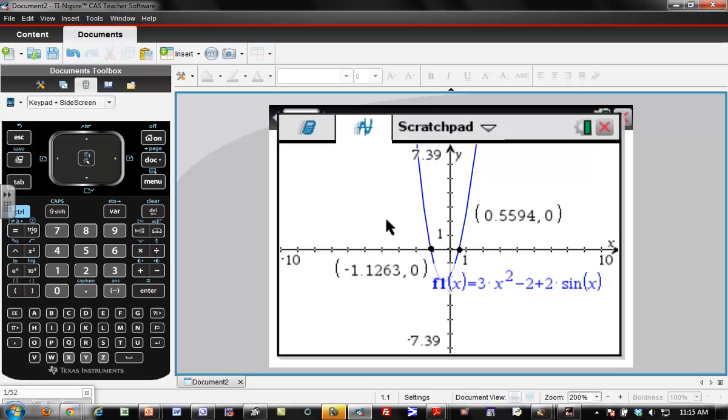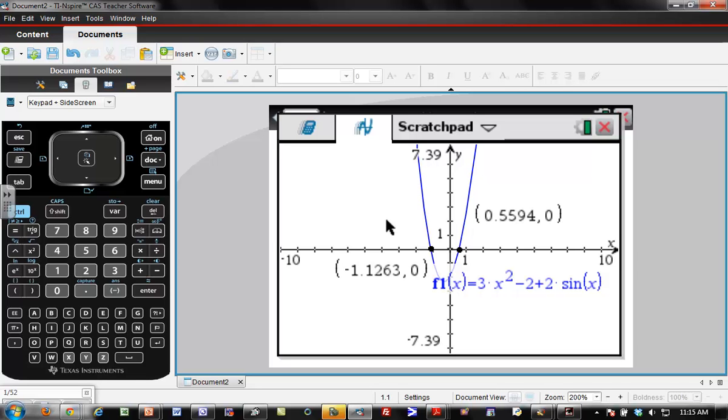Now, can I take some other things while we have the derivative graph up here for a second? This derivative function is positive when we are to the left of negative 1.123263. That means the original function must be an increasing function because the derivative is positive.